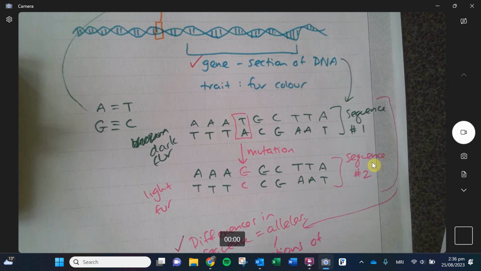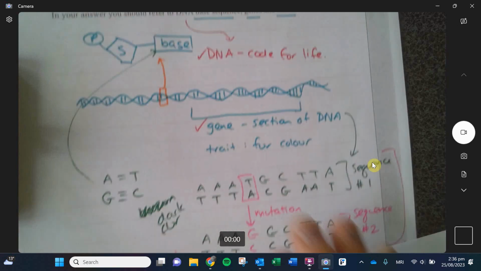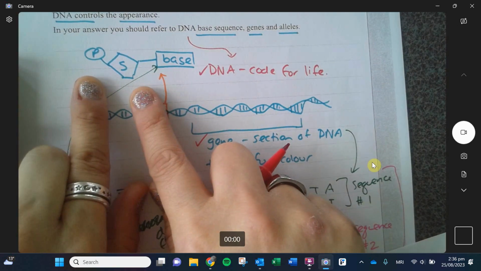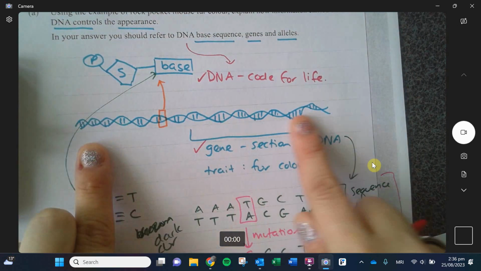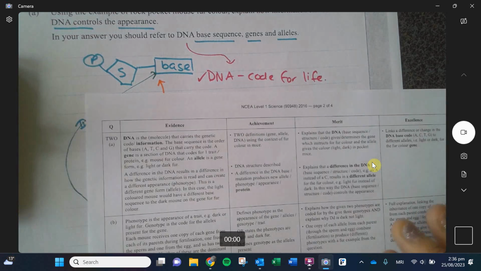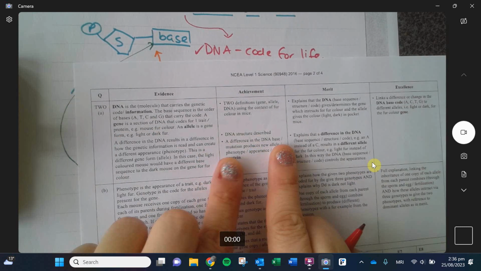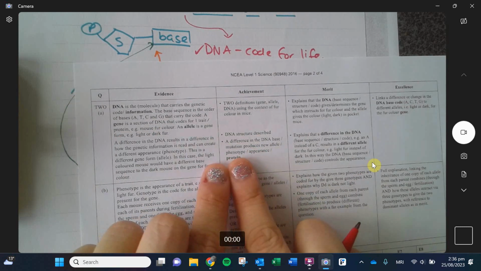We good? Okay. The second one was to describe the structure of DNA. Well, I have done that because I've drawn my little picture here for my DNA, and I've also shown that double helix. So they would be able to give me an achieved point there as well. The last one is understanding a difference in the DNA sequence produces a different phenotype, an appearance, or protein.